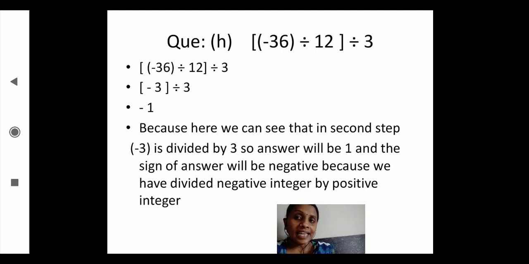Now -3 and 3 are additive inverses of each other, and when we divide any integer by itself, our answer will be 1. So 3 divided by 3 is 1, and a negative integer is divided by a positive integer, so our quotient will have a minus sign. So our answer is -1.